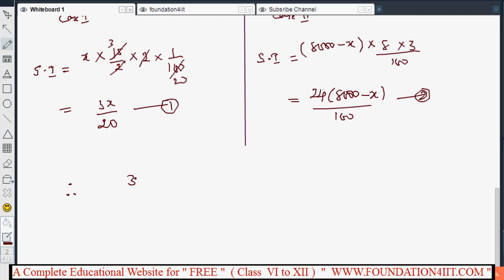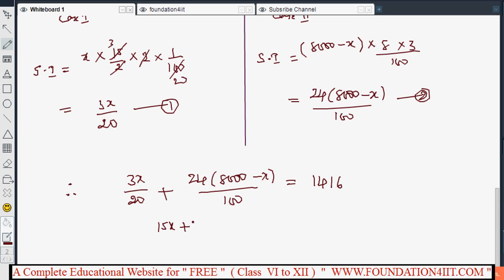That is 3x by 20 plus 24 into 8,000 minus x by 100 is equal to 1416. We can take the LCM, 100. So 15x plus 24 into 8,000 minus x is equal to 1416 into 100.